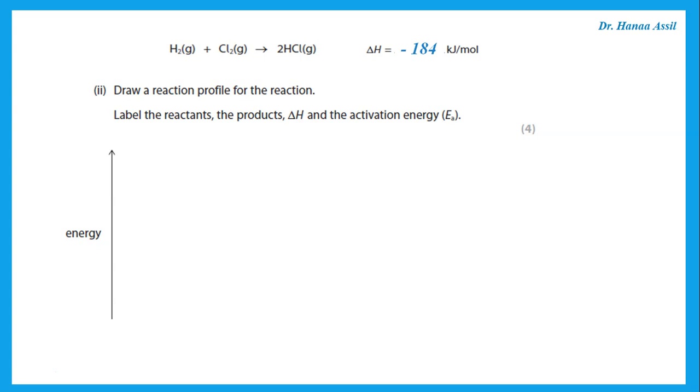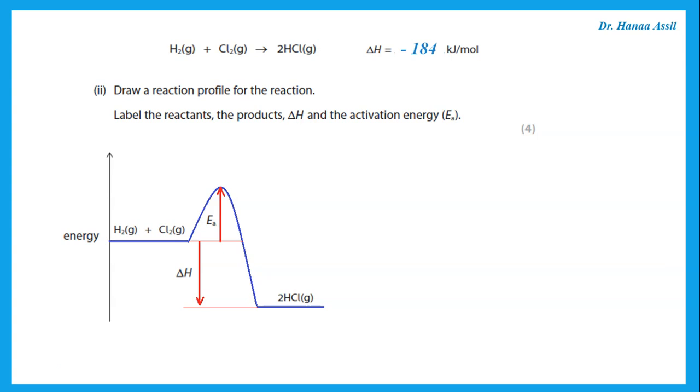That means we're talking about an exothermic reaction, and you have to know exothermic means products have lower energy than reactants. Products have lower energy than reactants because exo means the reactants lost heat or gave out heat, so the products have less heat.